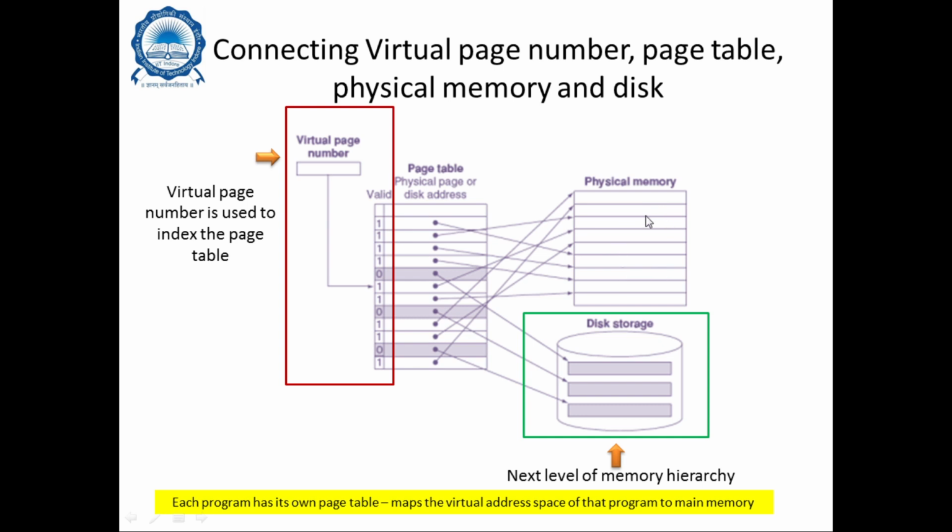The translation therefore points to the physical address inside the main memory, the RAM. And as I said earlier, each program has its own page table, so mapping the virtual address space of that program to main memory is possible.